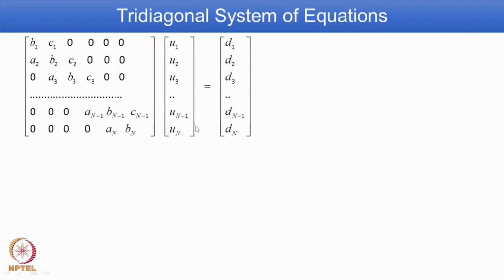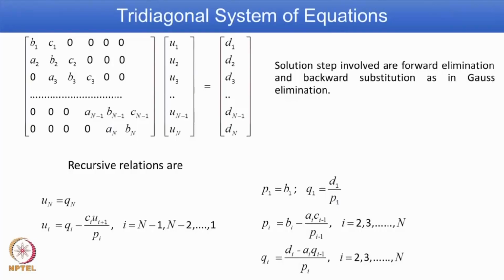To solve this we follow the same procedure as Gauss elimination, that is, a forward elimination and backward substitution. Only, it is slightly modified for this matrix structure, and after working it out you are able to set up what is known as a recursive relationship, which is shown here.